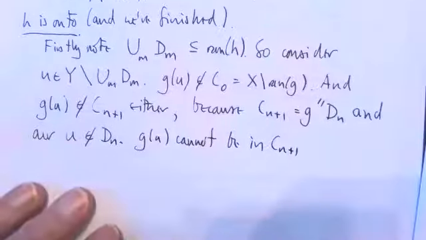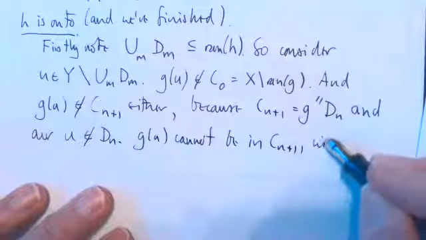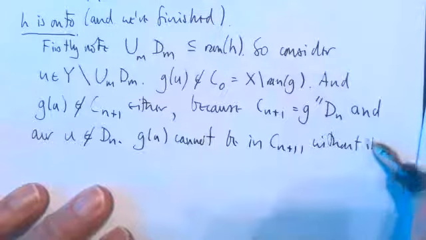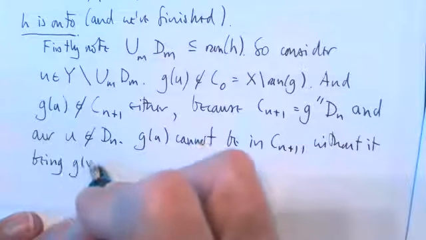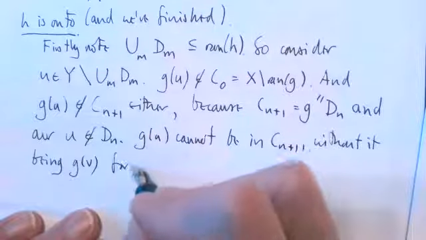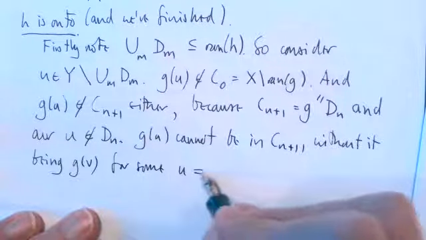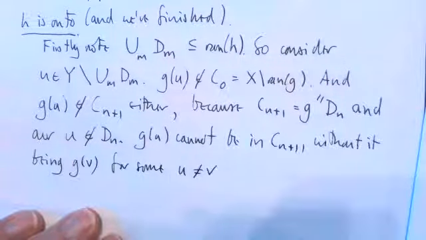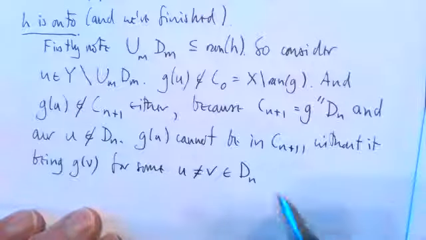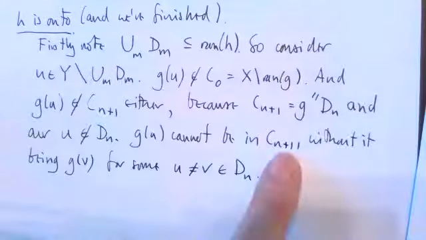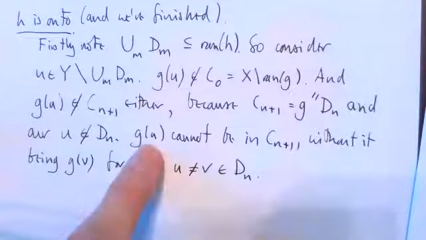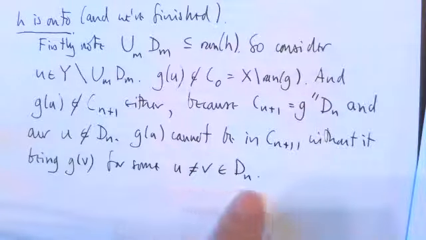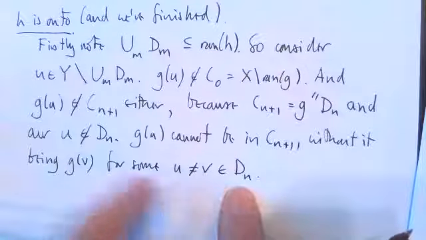Because otherwise it would be g of v for some v different from u, and v here is in Dn. I mean, everything in Cn plus 1 is g of something in Dn. So if this guy is in Cn plus 1, it has to be g of v for some v in Dn. u is not in Dn.